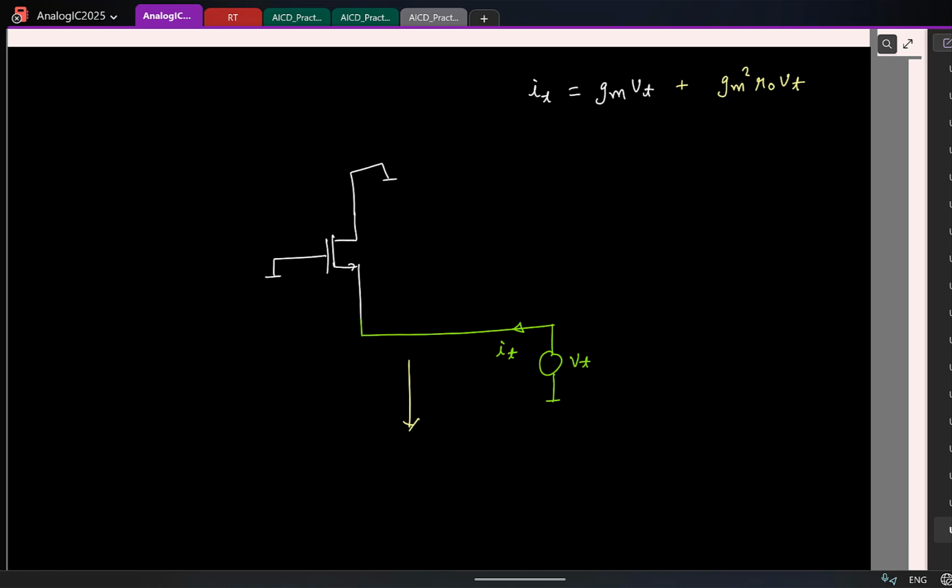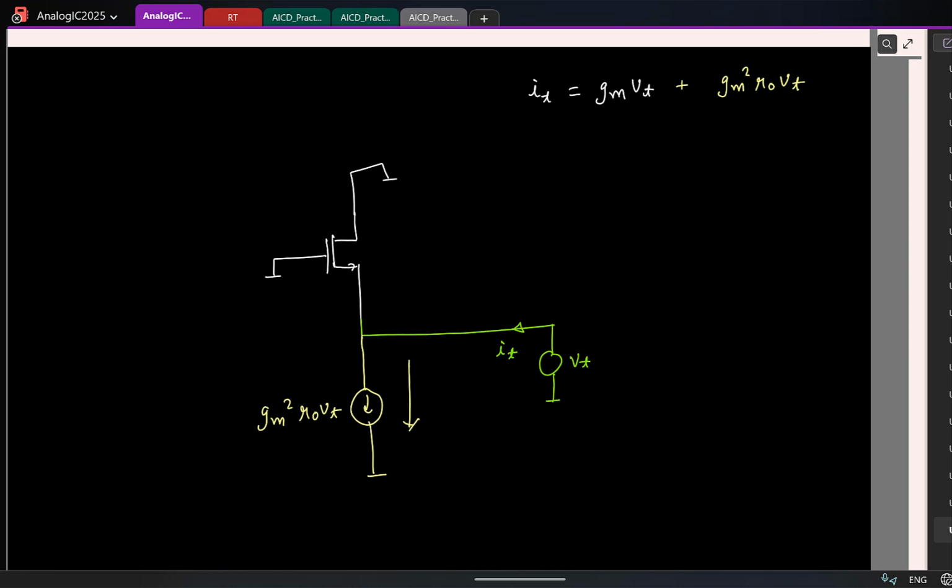So our goal is now to add an additional current here. And what should be the value of the current? Gm square R0 times Vtest. So in principle, if I put a current source of exactly the same value, you are set.